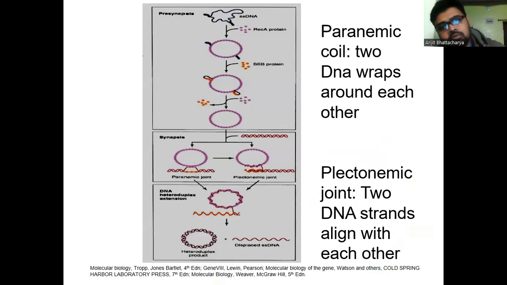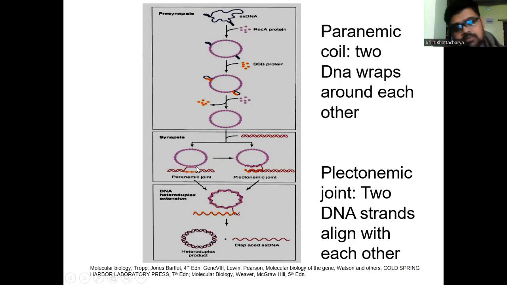Now, a few terminologies, a few facts that we need to remember. In any DNA, there is a preparation for recombination, and this preparation we call pre-synapsis. In pre-synapsis, the DNA is combined with SSB and RAK, and subsequently the synapsis occurs.